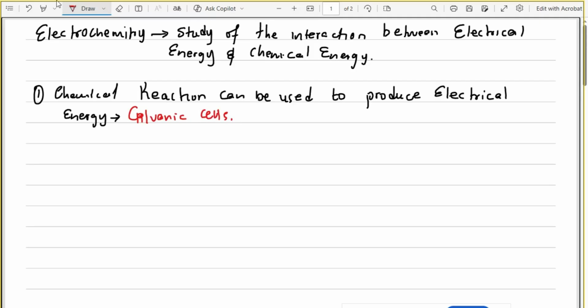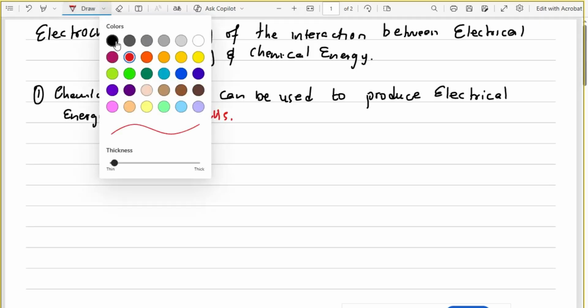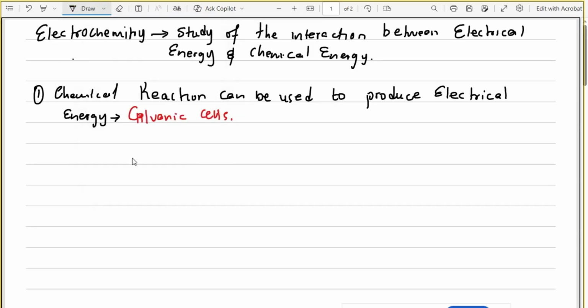Right. So we're saying that the interaction can happen in two ways. The first one is when chemical energy is used to produce electrical energy.